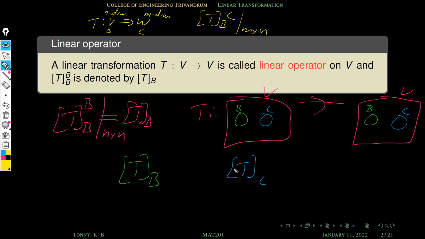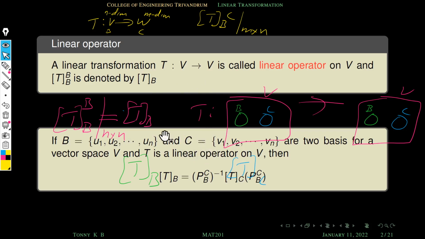So there is a natural question. These two matrices represent the same linear transformation, since we derive them from the same linear transformation. So naturally we ask: does there exist a relation between these two matrices?